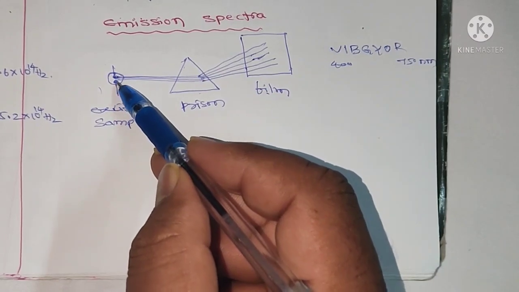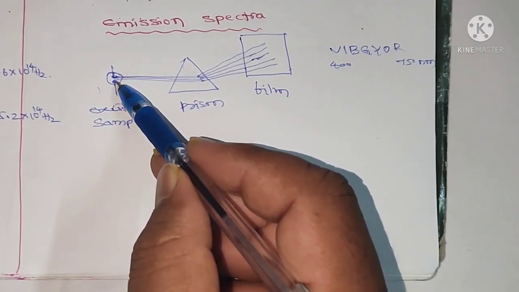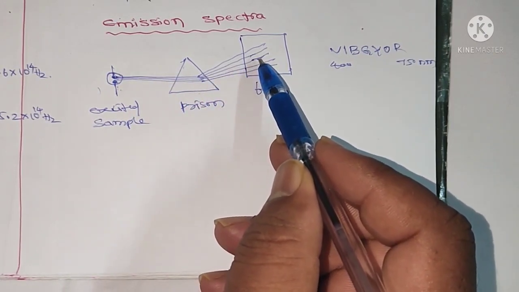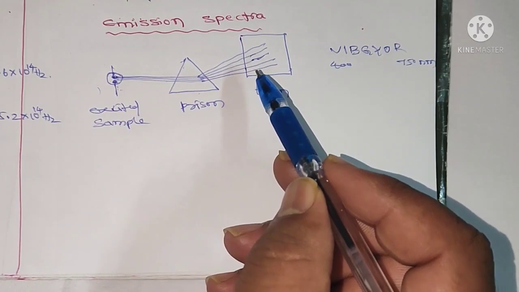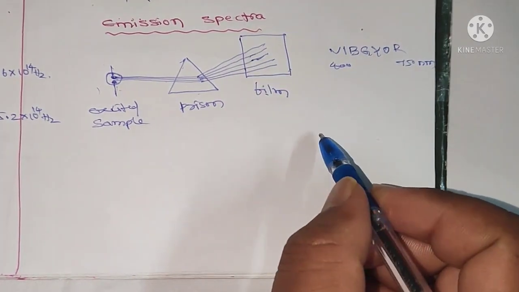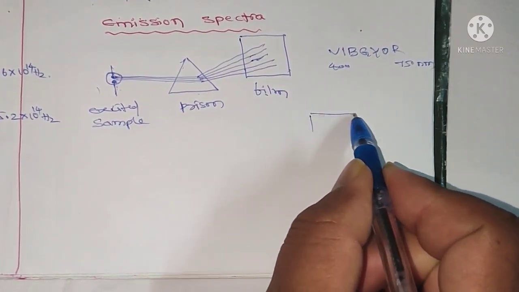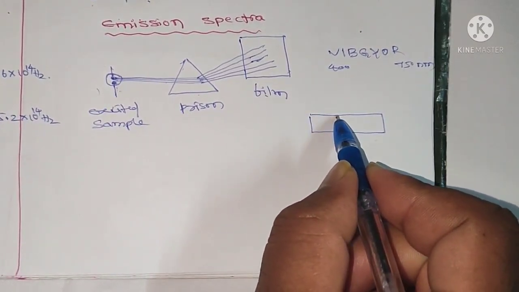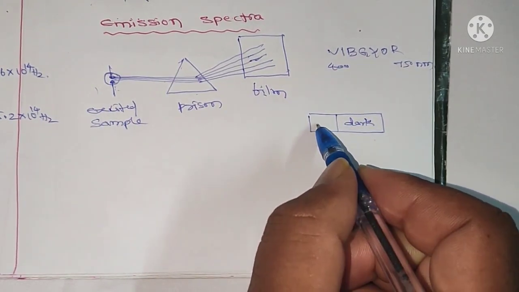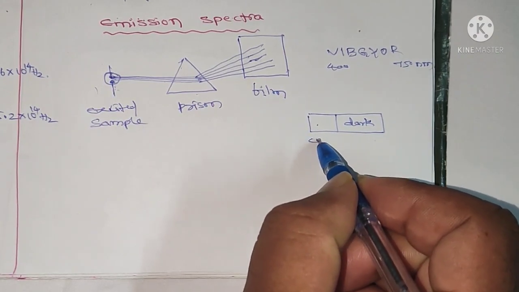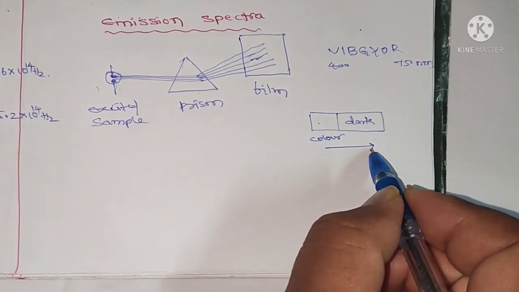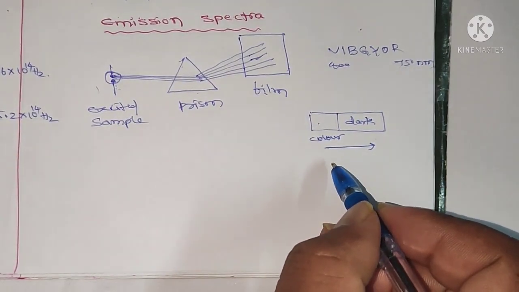When the sample is heated, the absorbed radiation is emitted and gives a spectrum with the remaining wavelengths as dark space in the spectrum. If you see the emission spectrum, here is a color band, here is a dark space, and this is a color band. And this is the increasing wavelength.